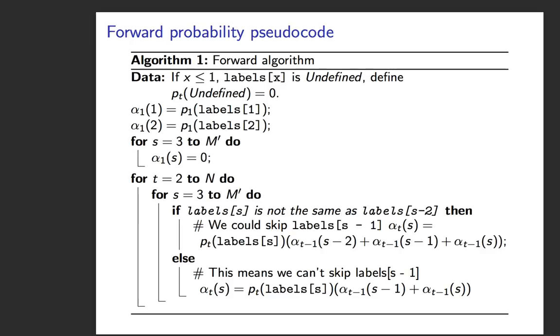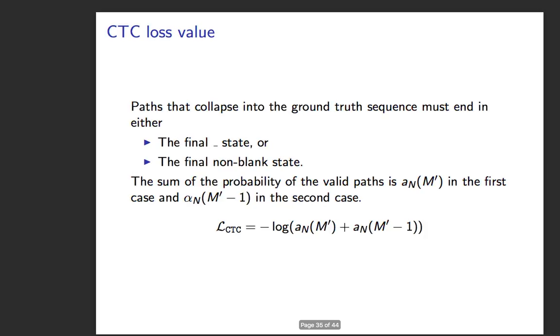Okay, that makes sense. All right, so now finally, we can compute the CTC loss, which is where we use the alpha with the biggest possible values. So we have to get to the end of the sequence.